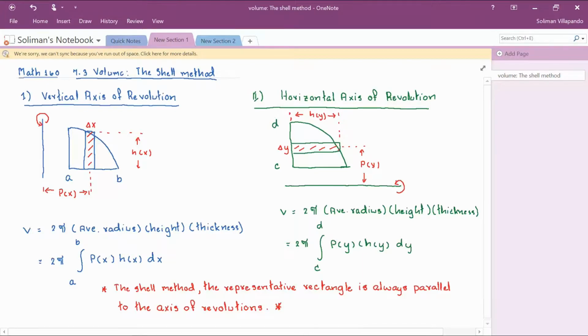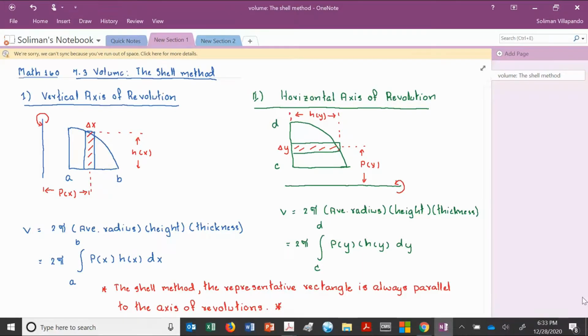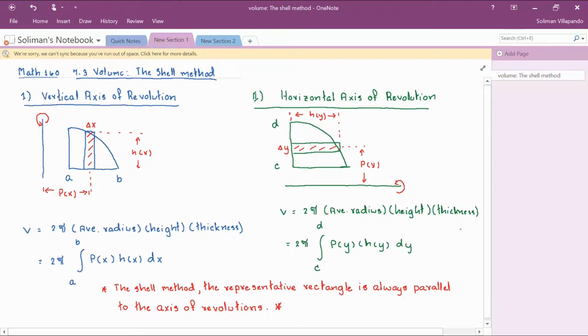The graph will rotate around the x-axis or the y-axis. Around the y-axis, you would have the bar or the strip that is parallel to the y-axis, and the thickness of the rectangle is delta x, and this is the graph or the function.